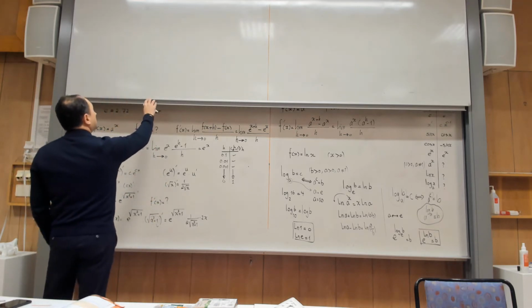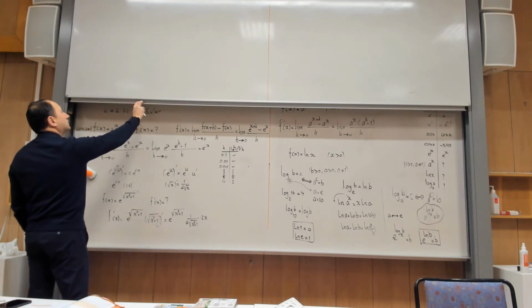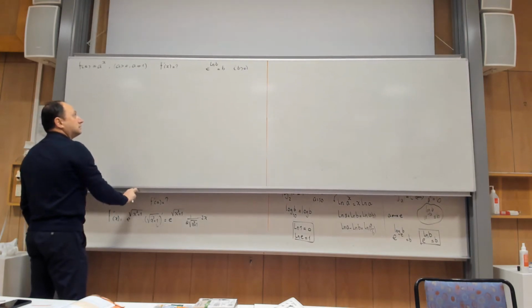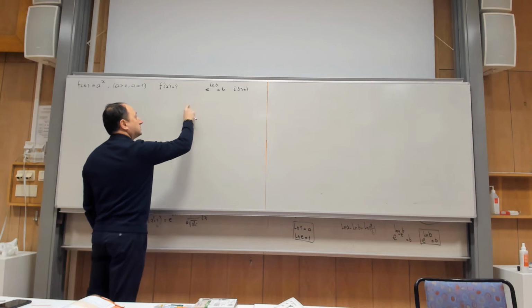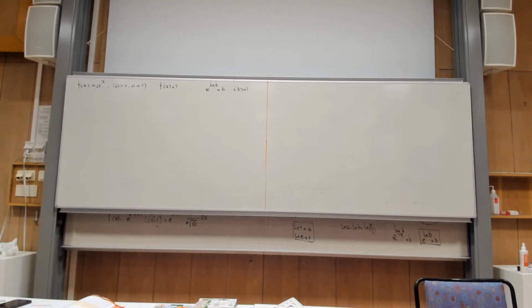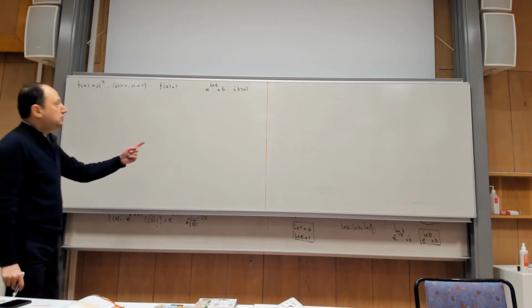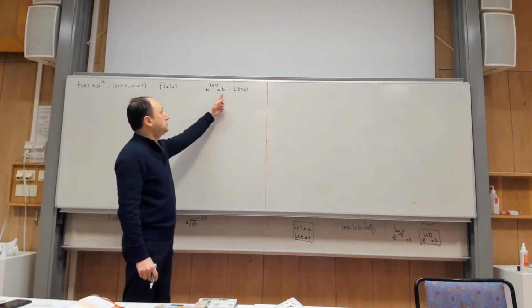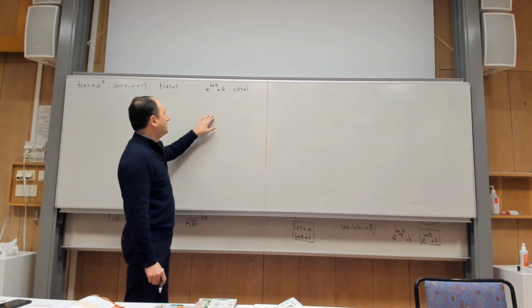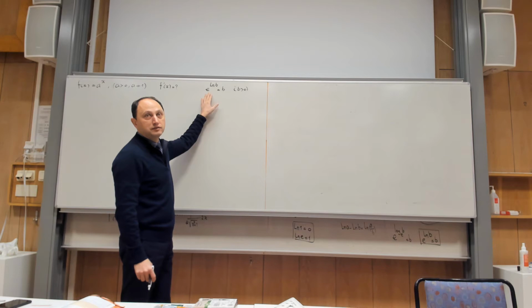Now the question is, how can I calculate the derivative of this function using this idea, using this formula? Any ideas? You see, this formula tells you that if you give me a positive number, a very simple, innocent positive number, I can write it more complicated.